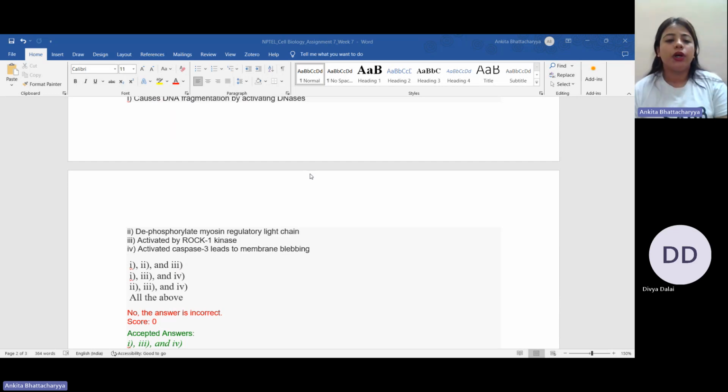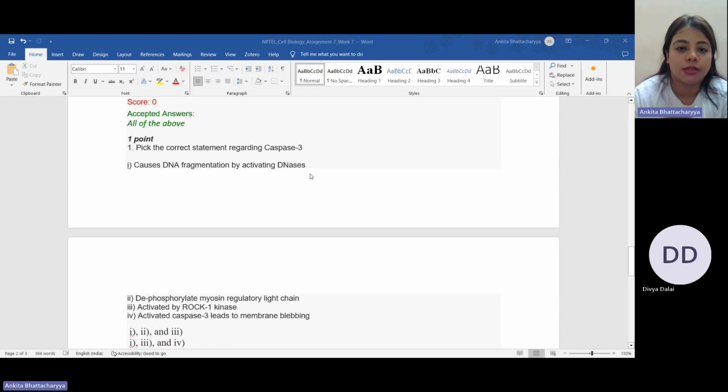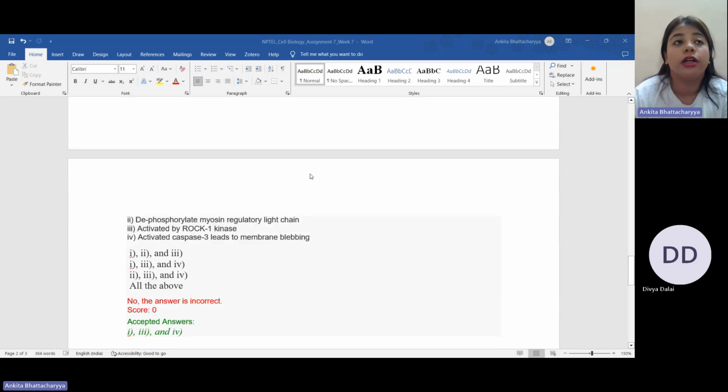No, it does not do so. It is activated by ROCK1 kinase. Yes, that is correct. I don't think it was part of my presentation, but it was there in the lecture that ROCK kinases are activated by caspase 3, and therefore in certain assays, when we are culturing cells, we use ROCK inhibitors in order to prevent cell death or apoptosis, and therefore it is significant in that aspect.